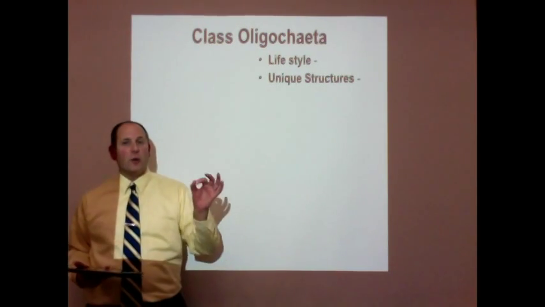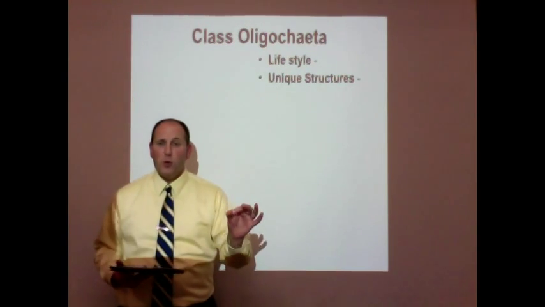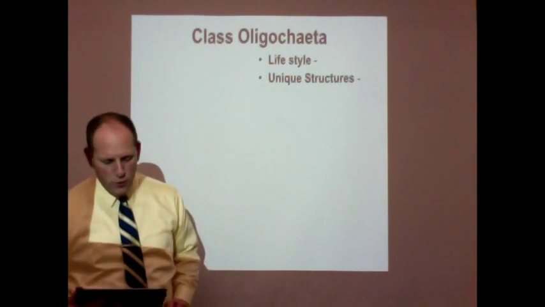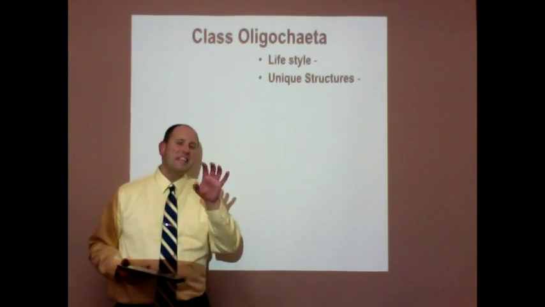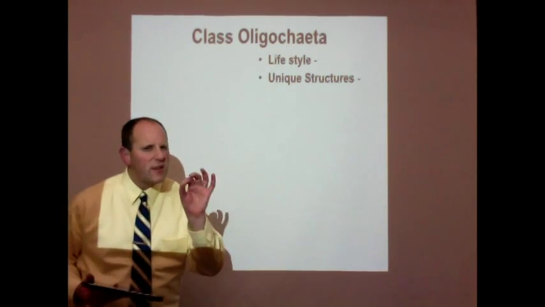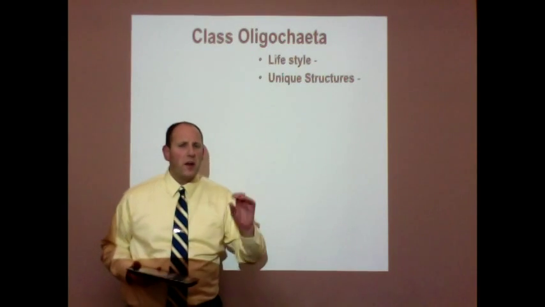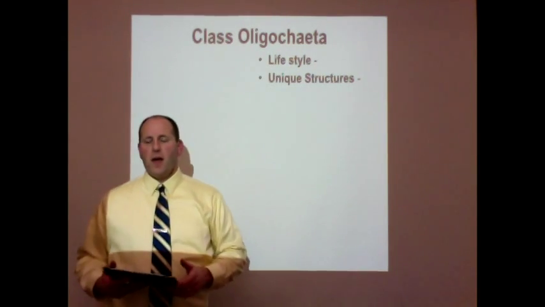Their name, Oligochaeta: the oligo is few and the chaeta is bristles. So these are few bristles for these particular organisms. When we look at the individual segments, there are just a few bristles on each one, a couple on one side and a couple on the other side.